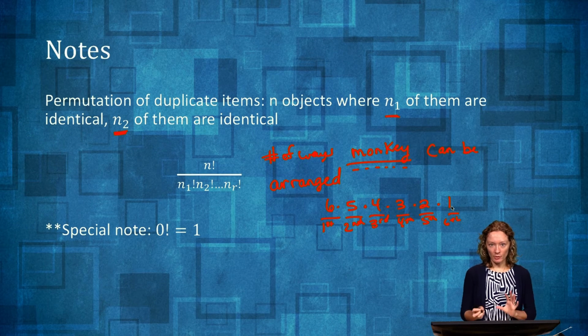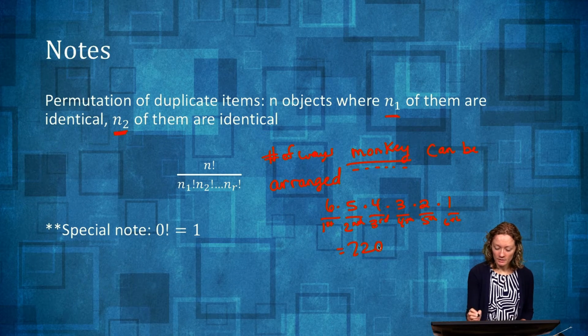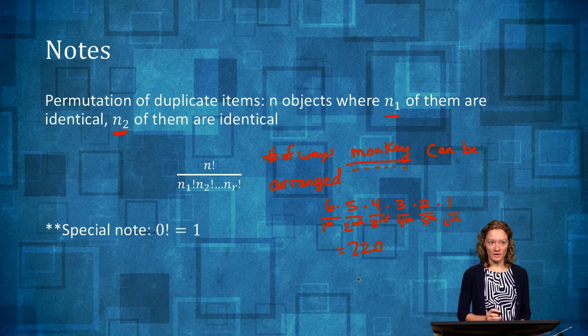I want to show you one example both ways, where they're all different, and then where some of them are repeated. If they're all different, it's very simple. You can just use a standard factorial down the line: 6 times 5 times 4 times 3 times 2 times 1. We already know that is 720. We saw that in an earlier example.